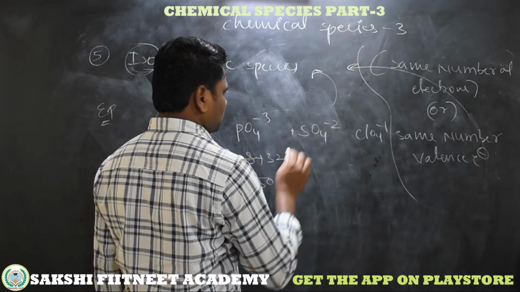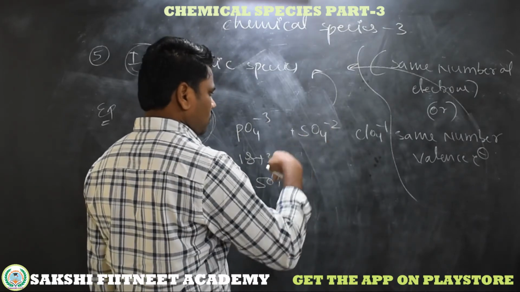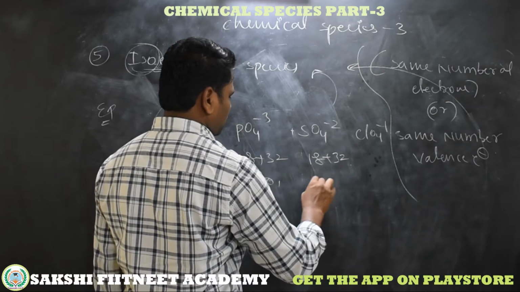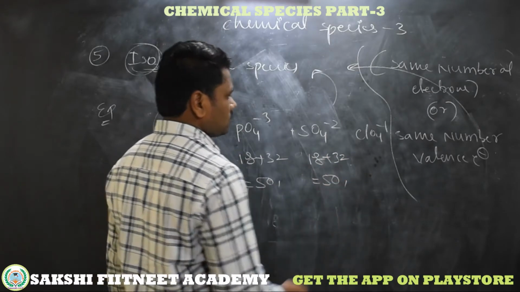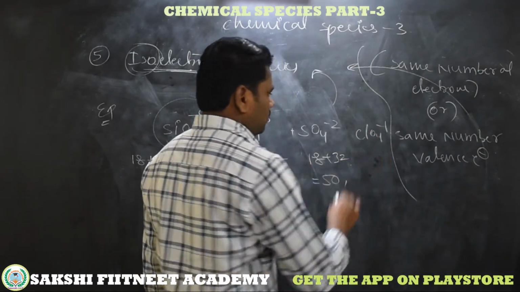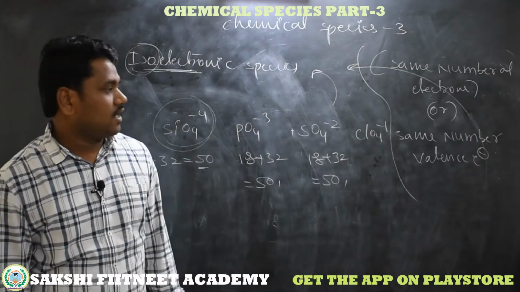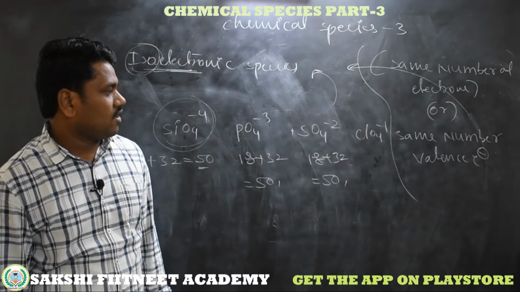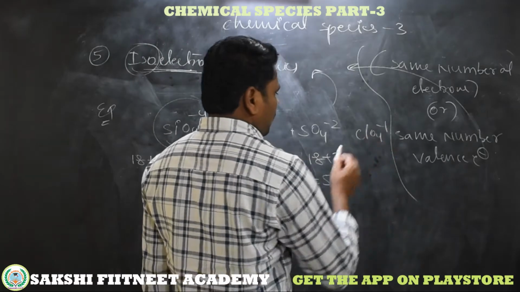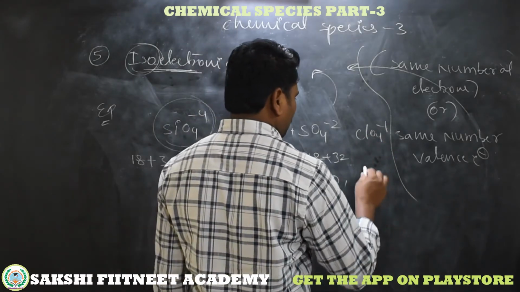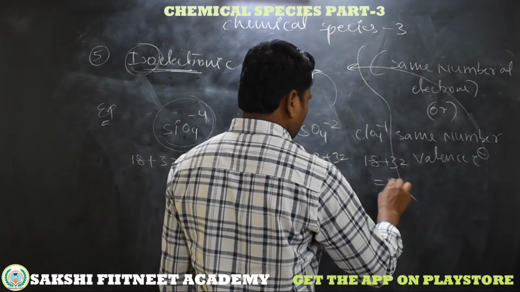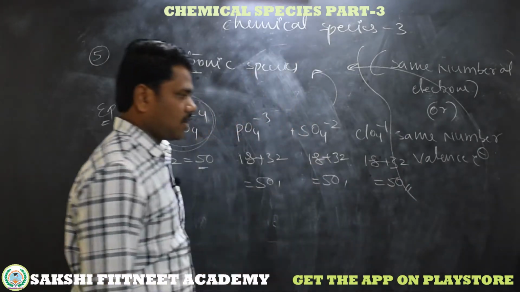Sulfur 16 plus 2 gained, the same 18 plus 32, is 50 electrons. Coming to ClO4 -1, chlorine has atomic number 17, so 17 electrons and 1 gained electron make 18, and 4 oxygens make 32. It's 18 plus 32. Here also 50 electrons.